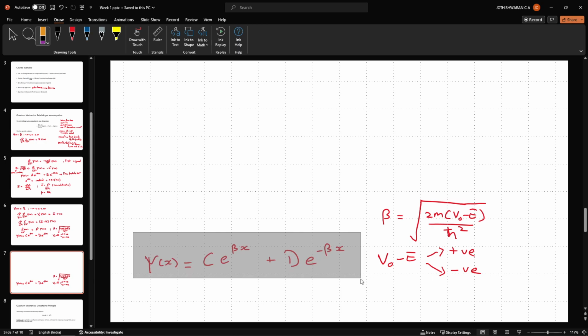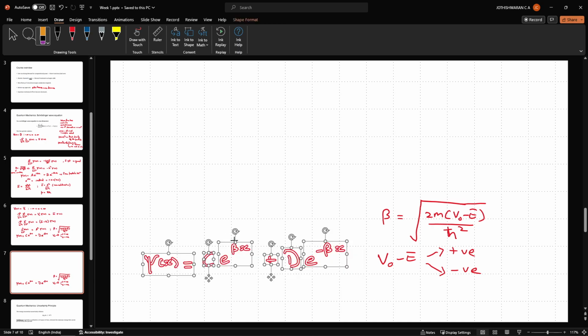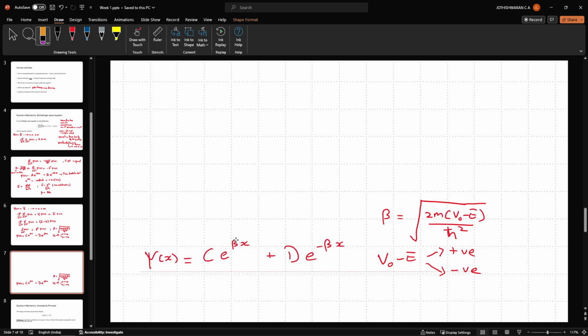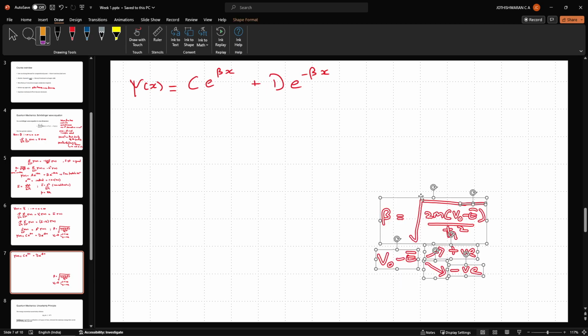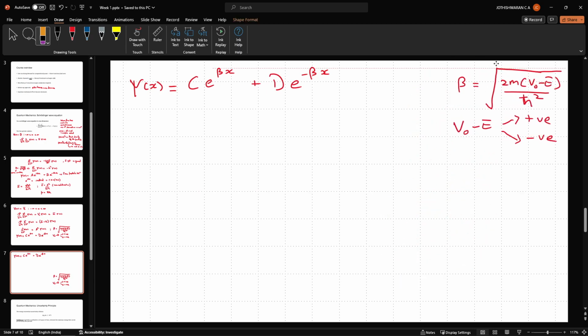So first case we have V0 minus E greater than 0.